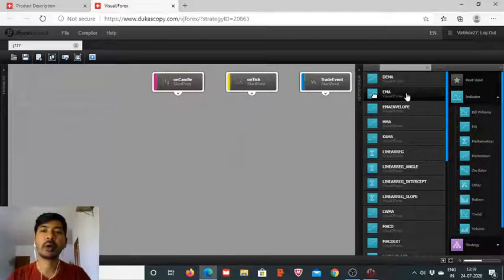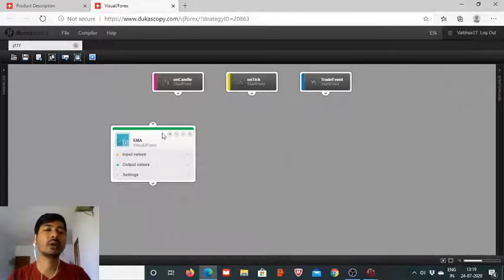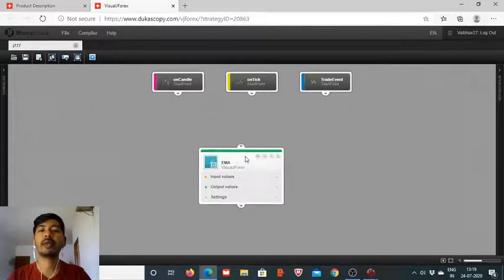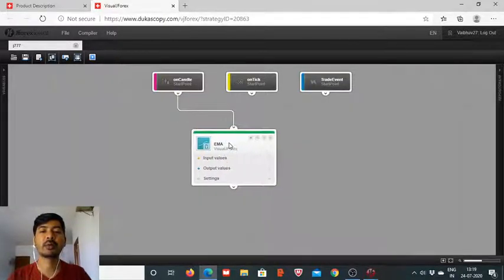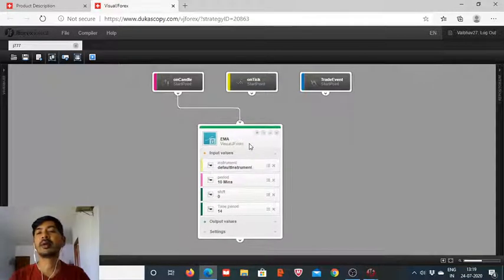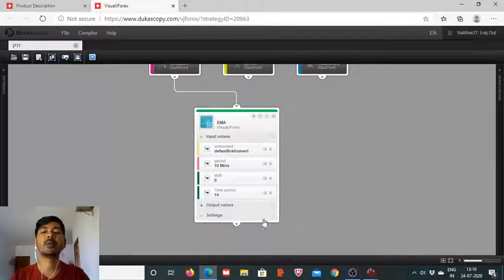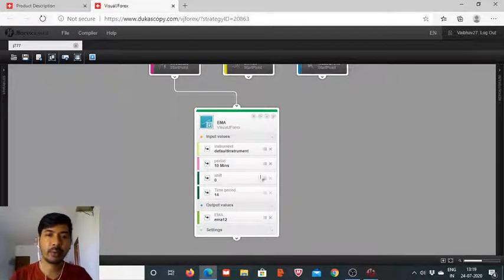All you have to do is drag and drop this EMA block on this board. This is a platform developed by Dukascopy Bank SA for developing algorithms, so that you can sit back and relax and watch the action unfold while relying on the algorithm which you have developed yourself.